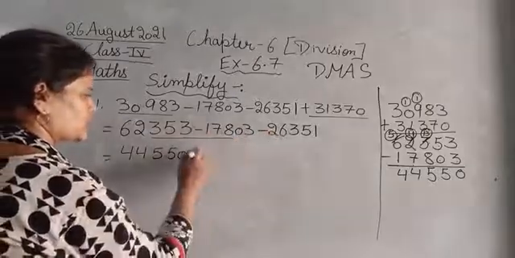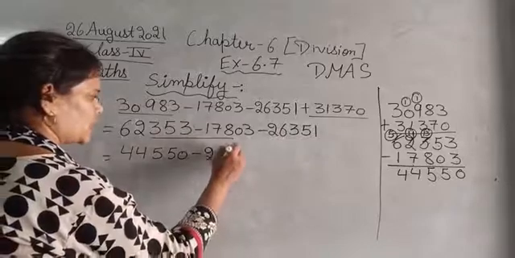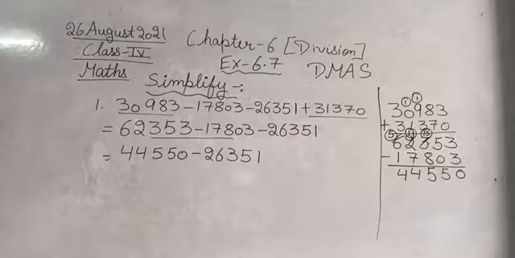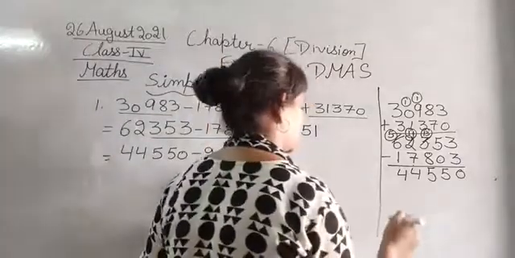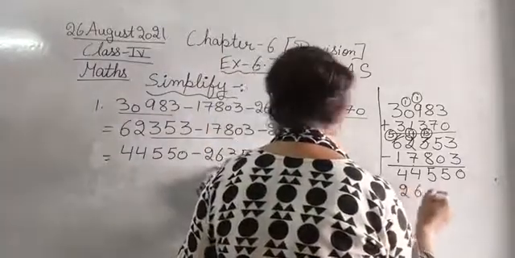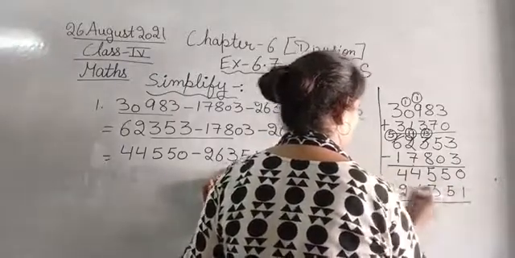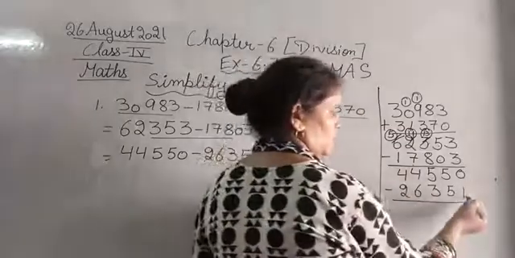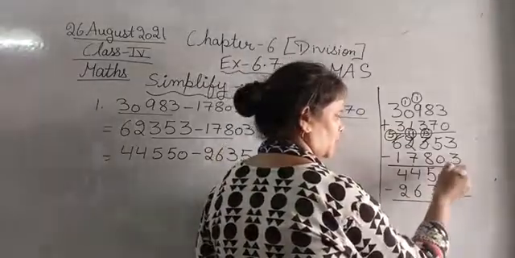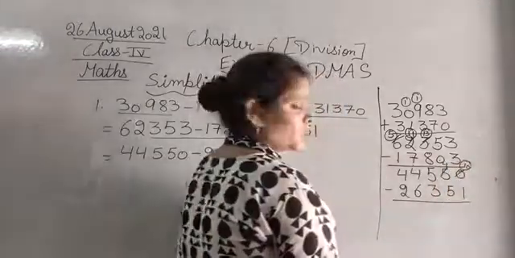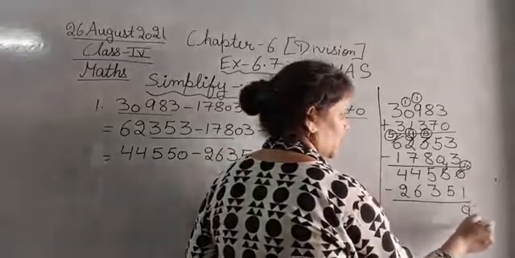Now we will subtract this one, that is 26,351. So now we will subtract 26,351 from 44,550. So let's subtract. Okay, so this is 0 minus 1, not possible. It will borrow from here. This will become 4. This will become 10. 10 minus 1, 9.